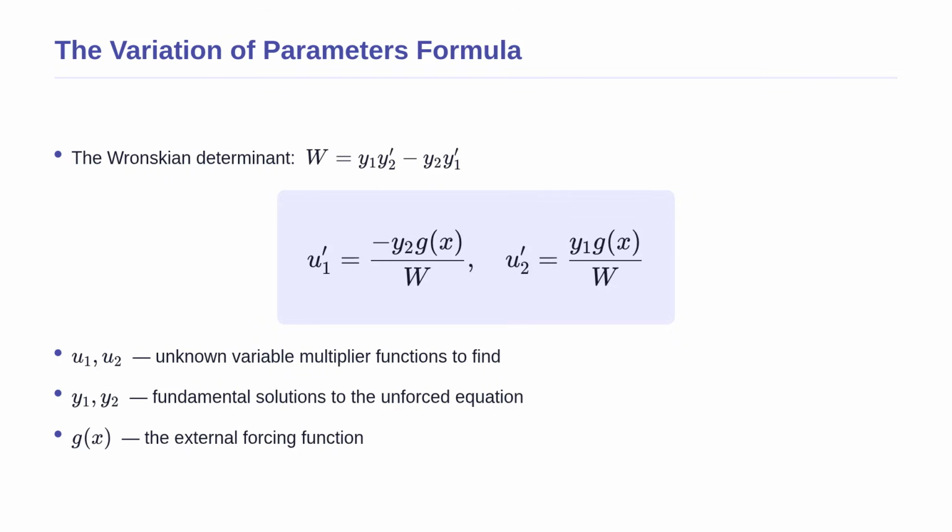The capital W is the Wronskian, a special determinant that measures whether our two fundamental solutions are truly independent. The functions u1 and u2 are the unknown parameters we need to find. The functions y1 and y2 are our fundamental solutions, and g of x is the external forcing function. If the external force increases, the rate of change of our parameters increases proportionally.